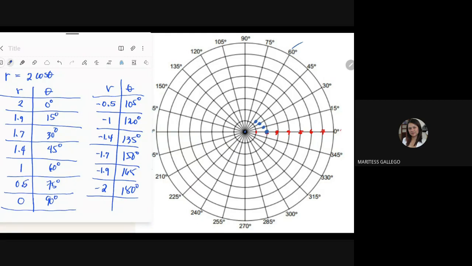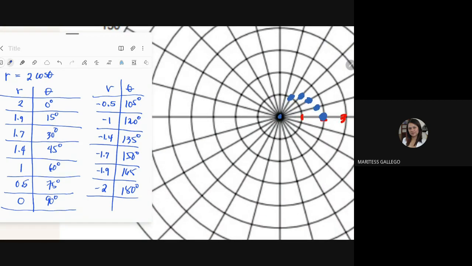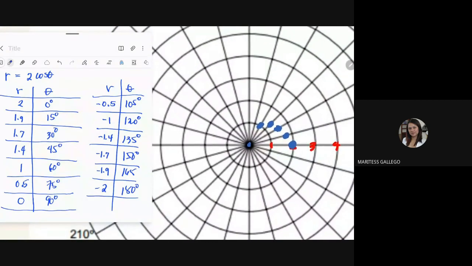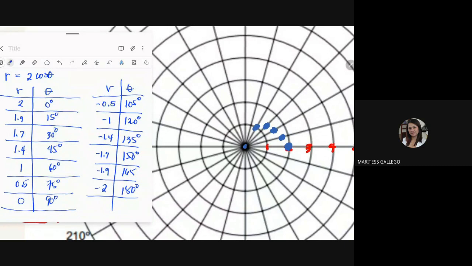Ibig sabihin, andito na siya sa 1. Kasi if you look at the circle, that's the circle 1. Sa first circle, 1 ang unit. Second circle, 2 units yung mga yun.